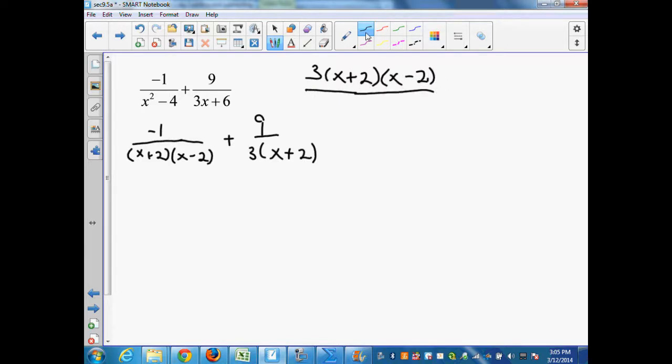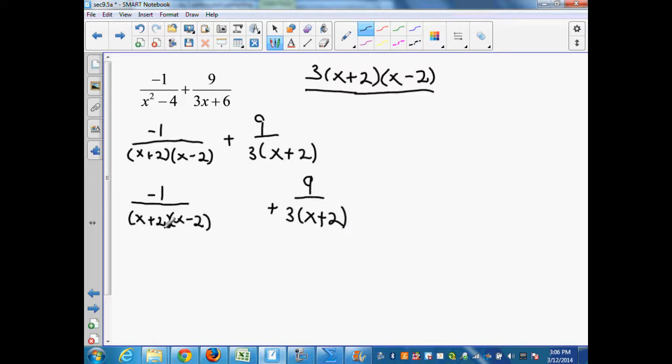Let's rewrite our fractions. Negative 1 over x plus 2, x minus 2. I'll leave a space, plus 9 over 3 times x plus 2.